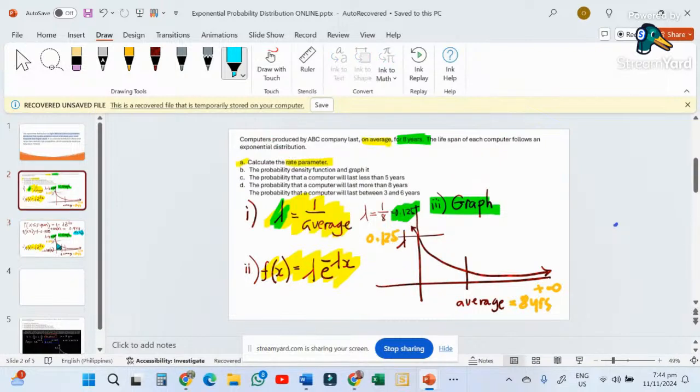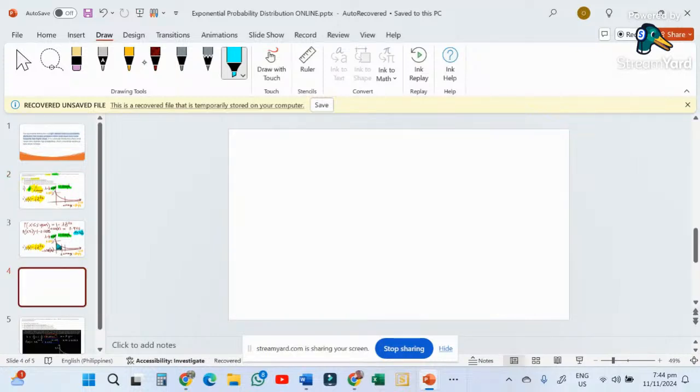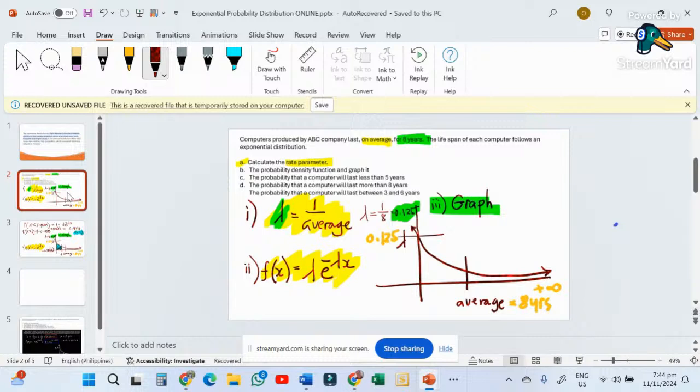Now, letter C, the probability that a computer will last more than 8 years. So more than 8 years. Okay, let's copy that and put it here.